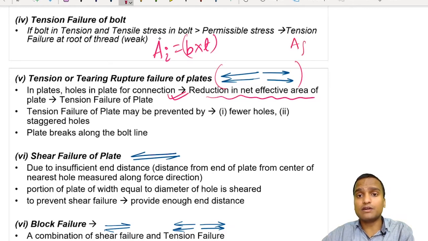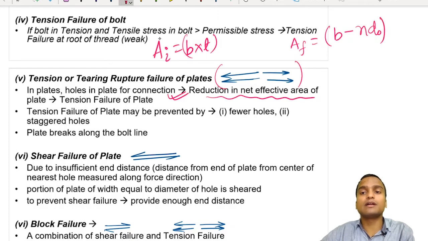So the final area of cross section of the plate at the critical section will be equal to (B minus n times the diameter of hole d0) multiplied by the thickness of the plate. So we can see there is a reduction in the net effective area of the plate. So the tensile failure of the plate can occur at the critical sections.